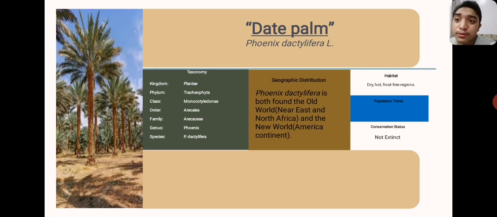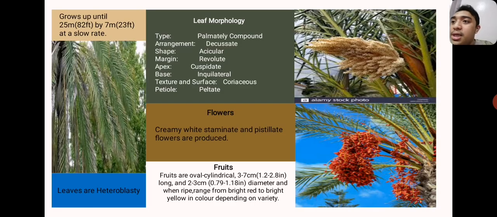Geographic distribution: found both in the Old World, Near East and North Africa, and the New World, American continent. Habitat: dry, hot, frost-free region. Population trend, unknown. Conservation status, not extinct.